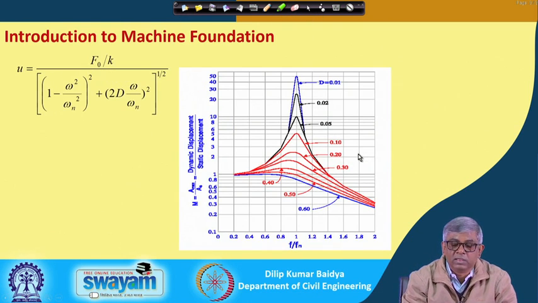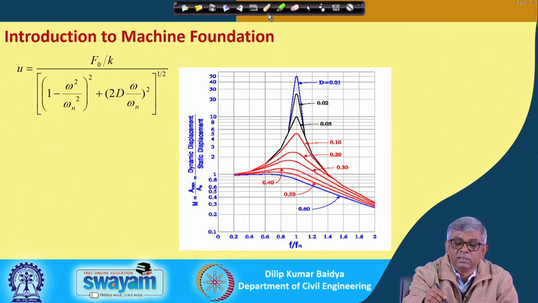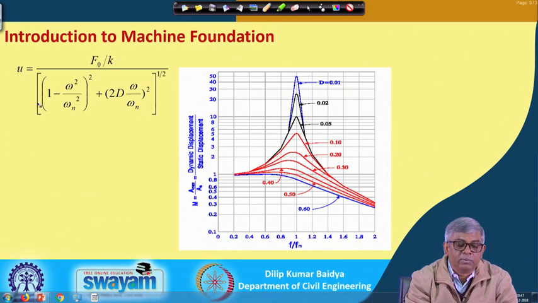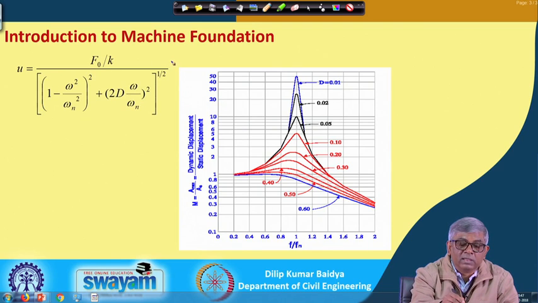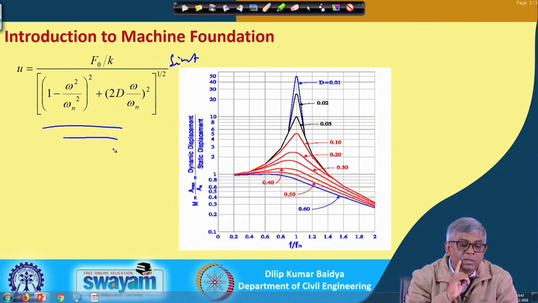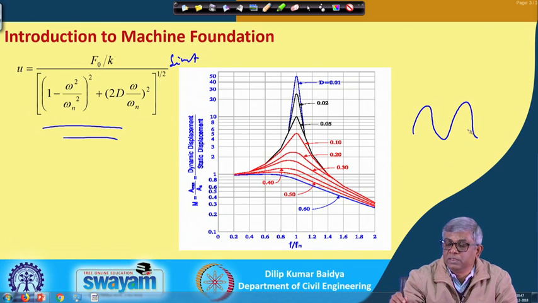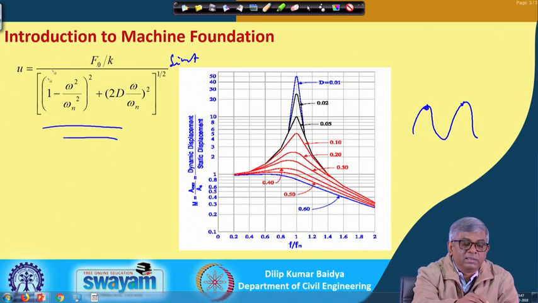That is the general solution. You can see that u is the displacement amplitude, of course sin omega t can be there, but this is the maximum amplitude at a particular frequency. This is the maximum amplitude.